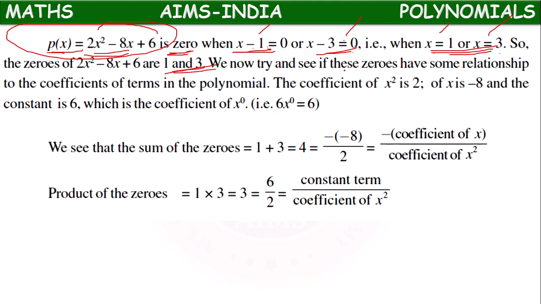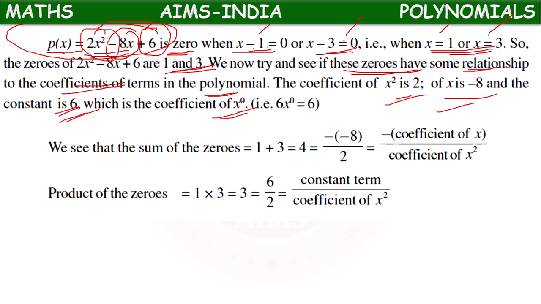Now let's see if these zeros have any relationship with the coefficients of terms in the polynomial. The coefficient of x square is 2, the coefficient of x is minus 8, and the constant is plus 6, which is the coefficient of x power 0.